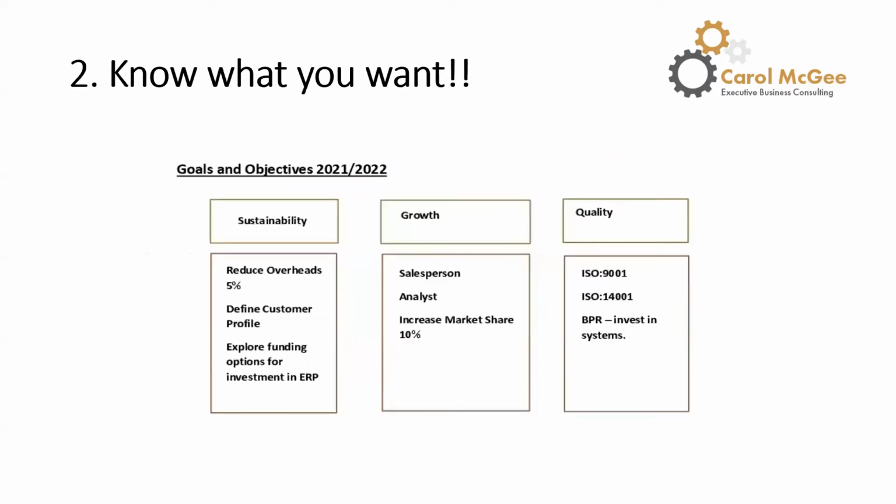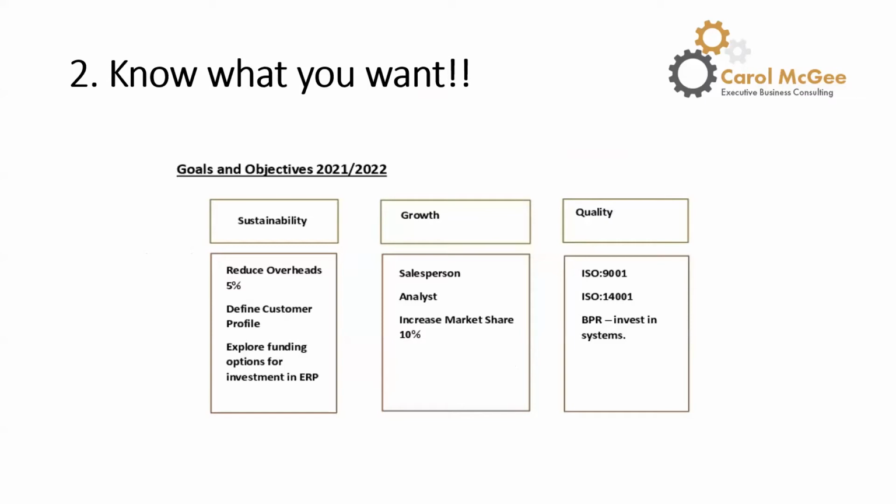Okay, so of crucial importance is to know what it is you want for your business, what your targets and objectives are, because they will influence your pricing strategy. If you look at the sustainability objective there, and these are just sample objectives, it's to reduce your overheads by 5%, and that could be because you need to make your pricing more competitive.